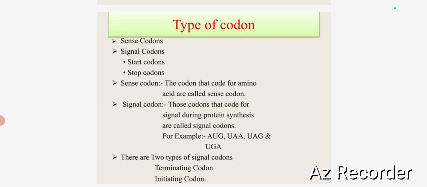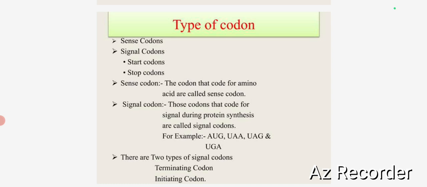Next, types of codon. First is the sense codon. Second is the signal codon. The signal codons give the signal either for starting or for stopping protein synthesis.